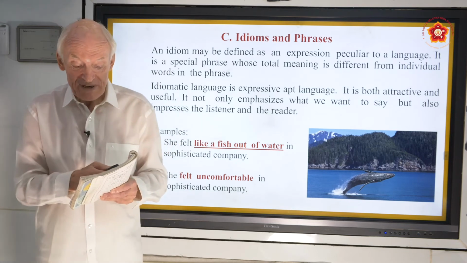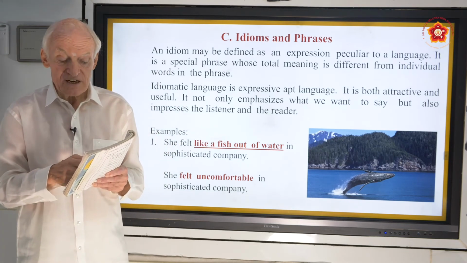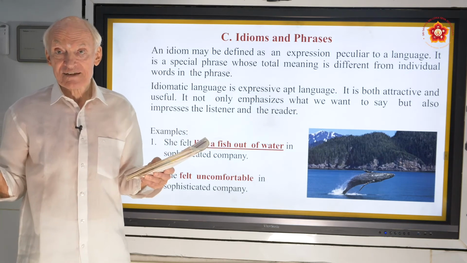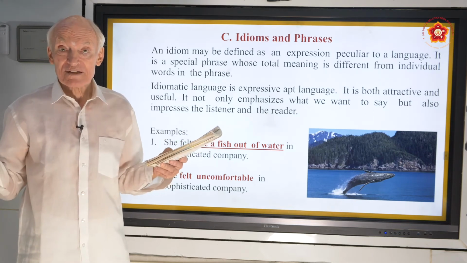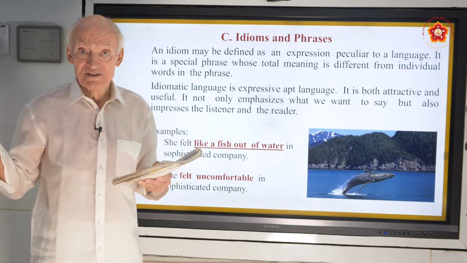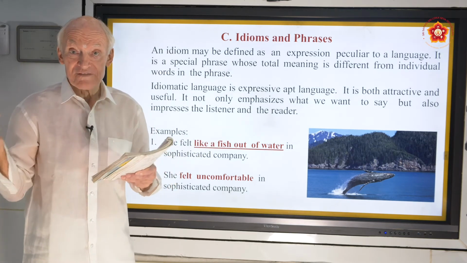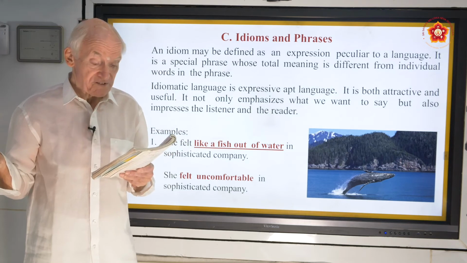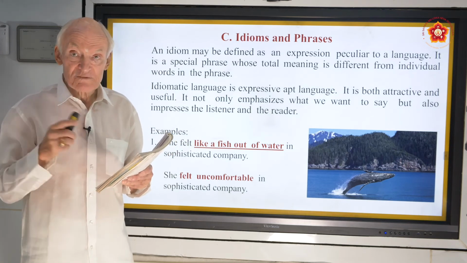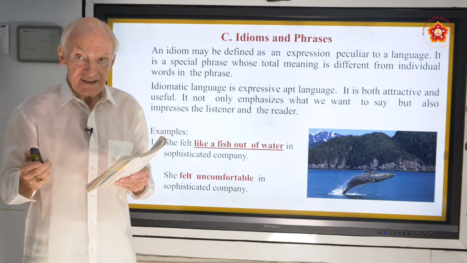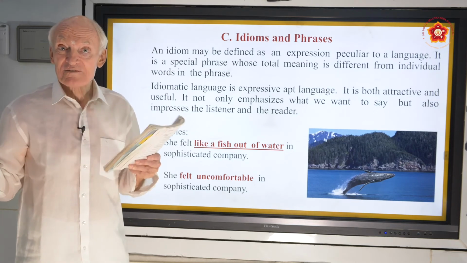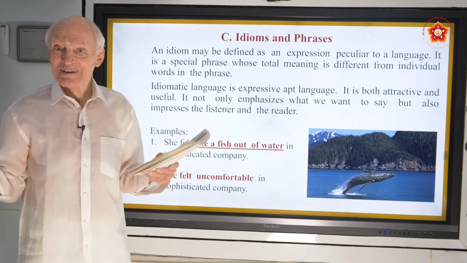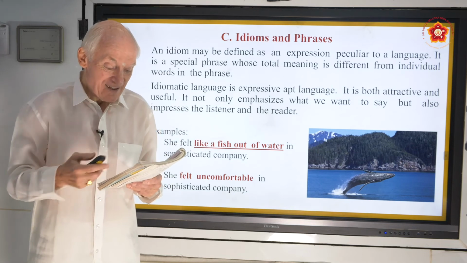So the example we have, she felt like a fish out of water in sophisticated company. Expensive company where everybody's putting on airs of having money and being very sophisticated. And she was a common lady and she felt very uncomfortable. She felt uncomfortable in sophisticated company. But if you say she felt like a fish out of water, it's very clever and makes a humorous turn to it.